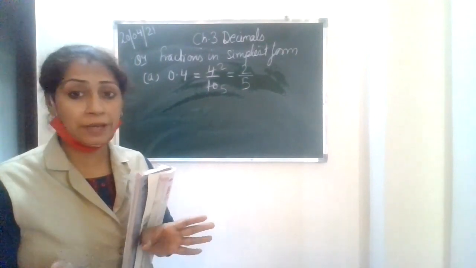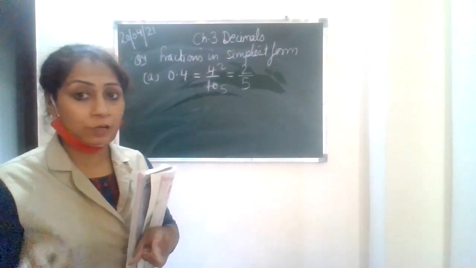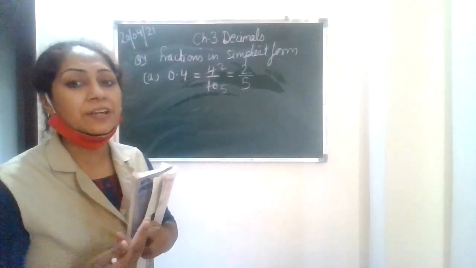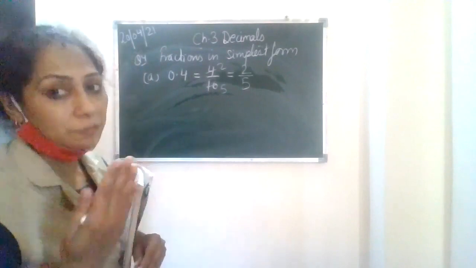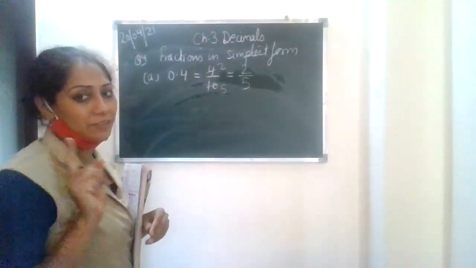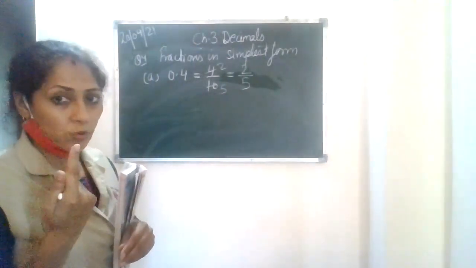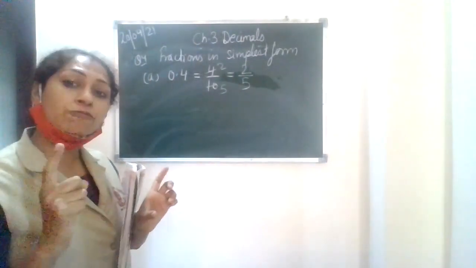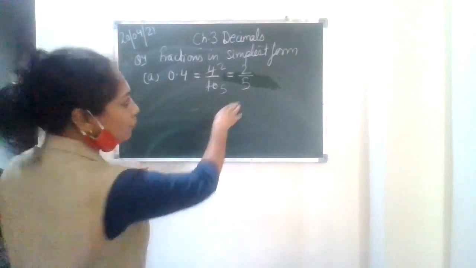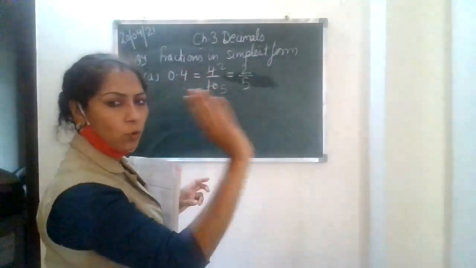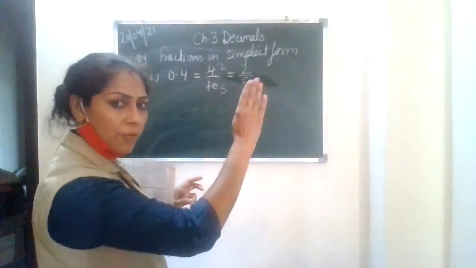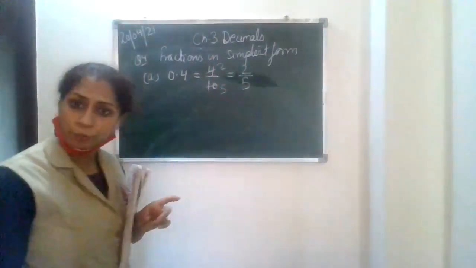So 3 and 4 are also co-prime, although 4 is not prime. The main point is, if I say co-prime, that means they have no common factor except 1, and this applies when you compare 2 numbers. So simplest form is when none other than 1 is a common factor between the numerator and denominator.